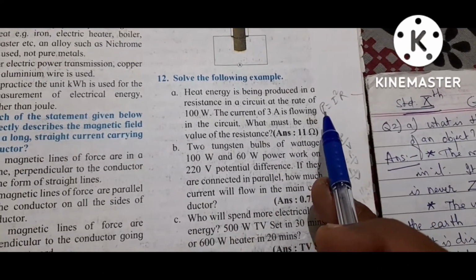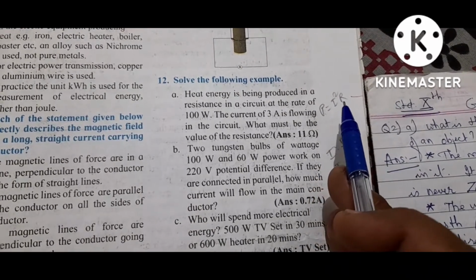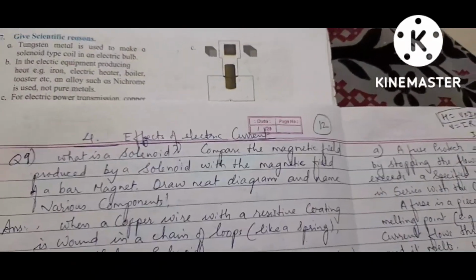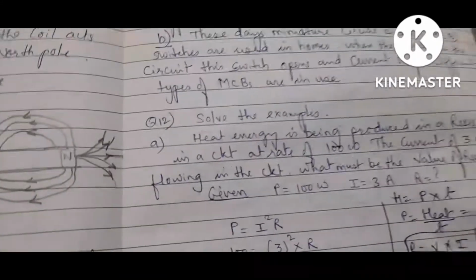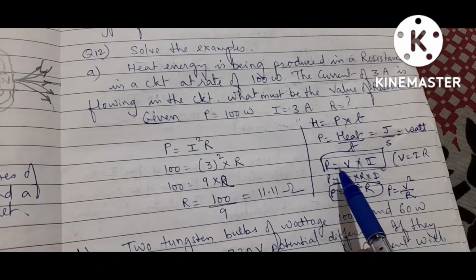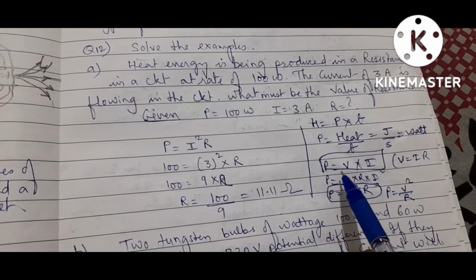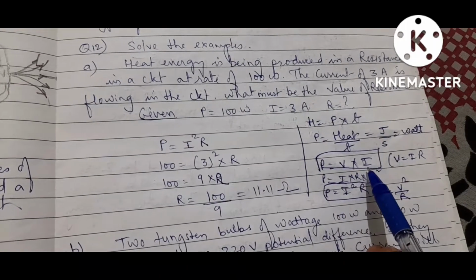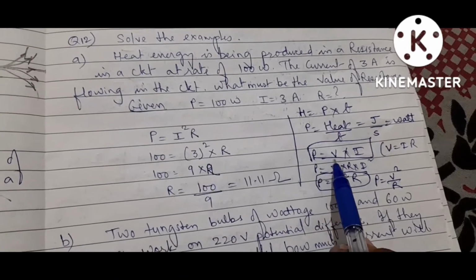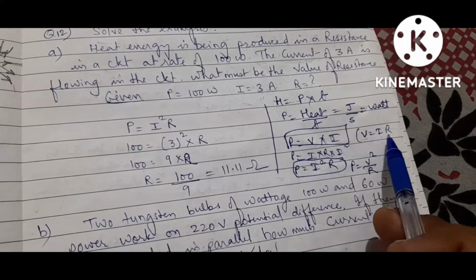Now by using this formula, P is equal to I square R. How did this formula come? In the textbook we have the formula that power is equal to voltage into current, P is equal to V into I. I will show you how this formula came. As per Ohm's law, V is equal to IR.